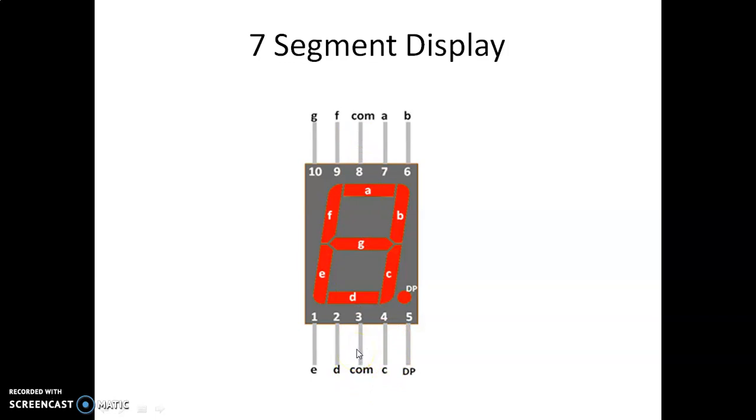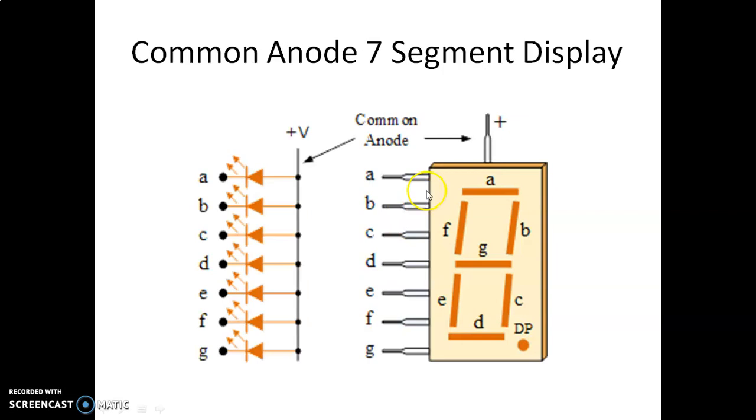In case of common cathode display, we need to send logic 1 to enable or turn on the segment, and in case of common anode, we need to send logic 0 to turn on the segment. So there are two kinds of 7-segment display: the common anode 7-segment display, and second is the common cathode 7-segment display.